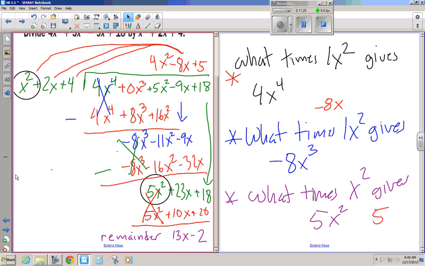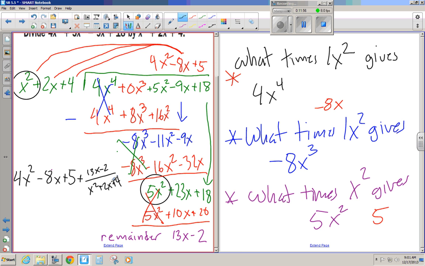Your answer should then be 4x squared minus 8x plus 5 plus the remainder divided by the divisor.